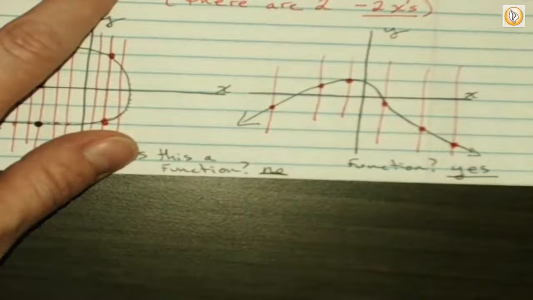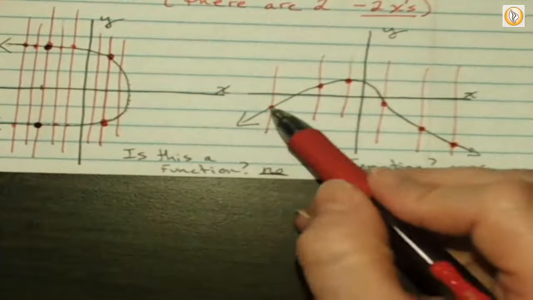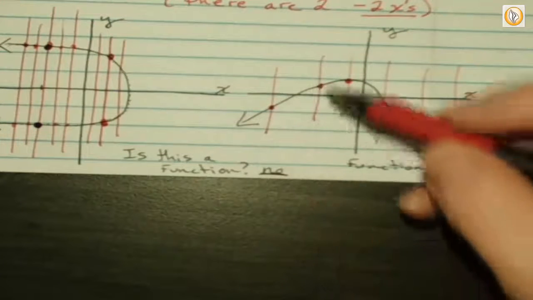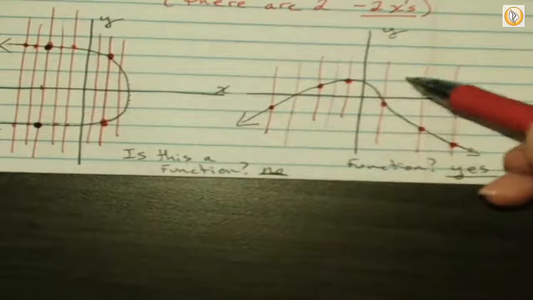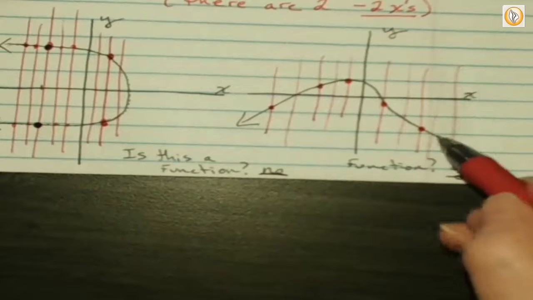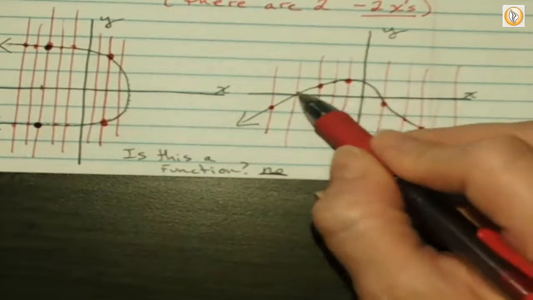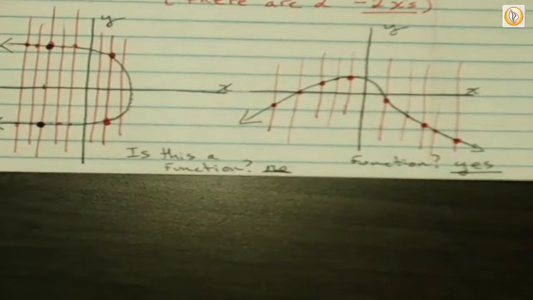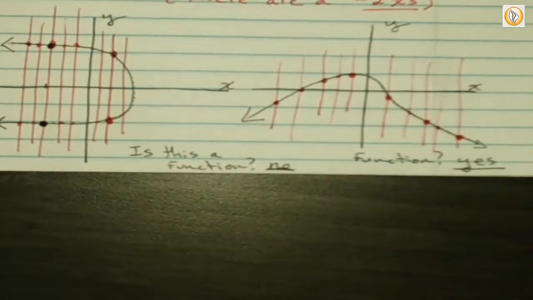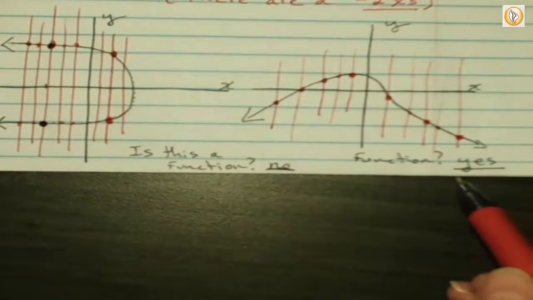See those vertical lines? It's only crossing my graph in one place, no matter where I draw them. None of these ordered pairs are sharing another x. Y'all see that? So a line can be a function.